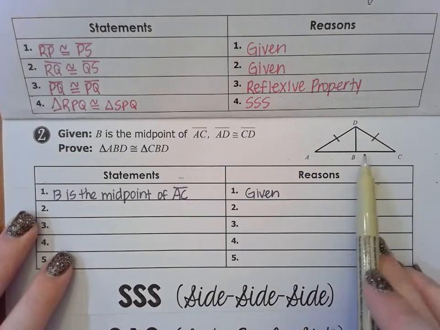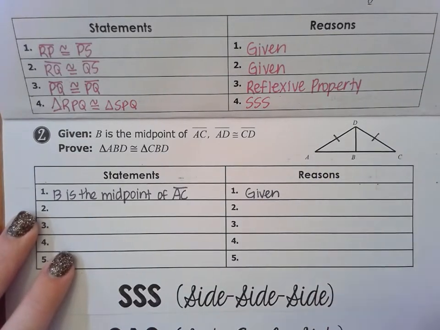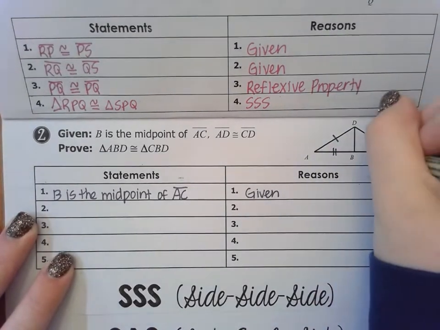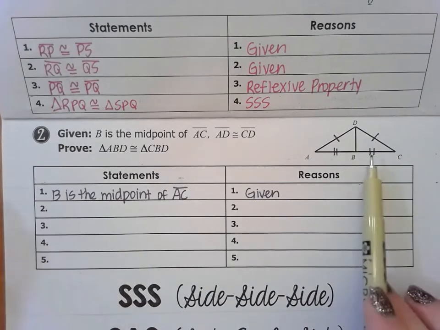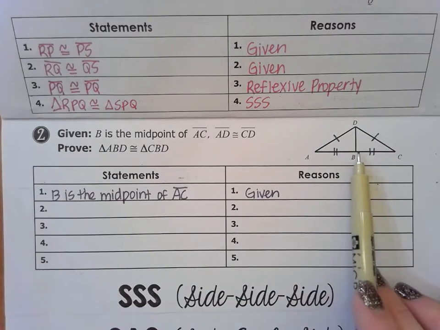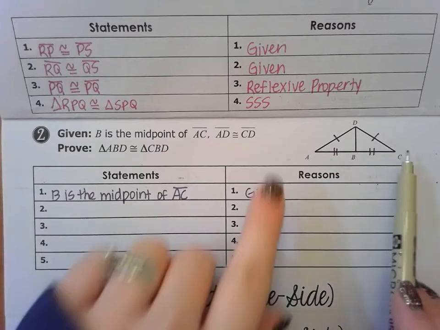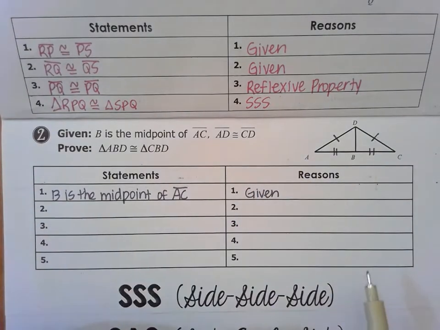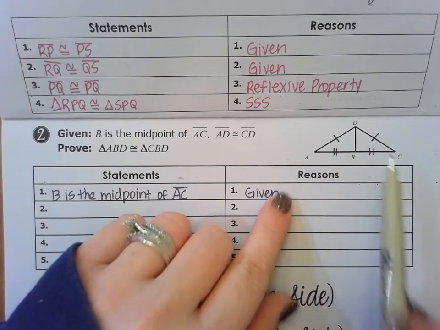Well, if B is the midpoint of AC, then we know that AB is congruent to BC, because the definition of a midpoint says that it's in between, or in the exact middle of this line segment, making two congruent segments on each side.